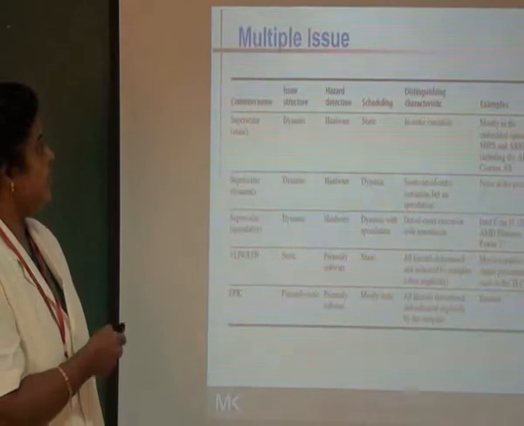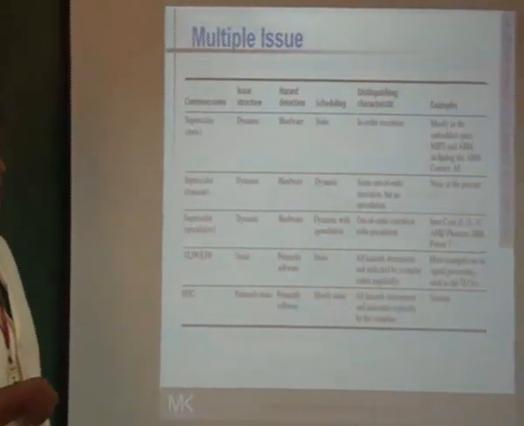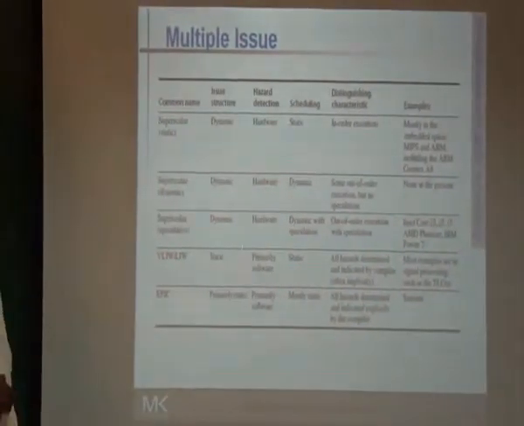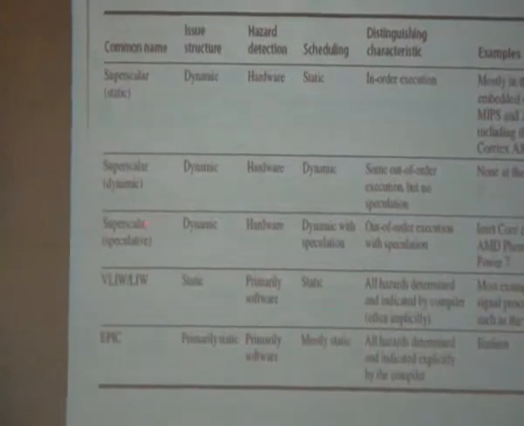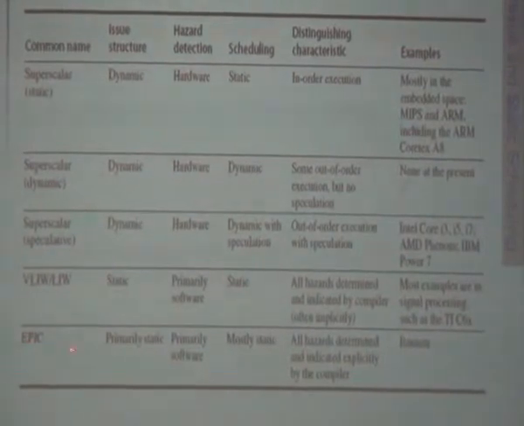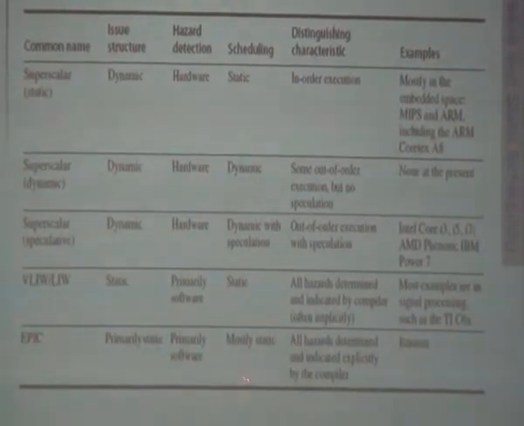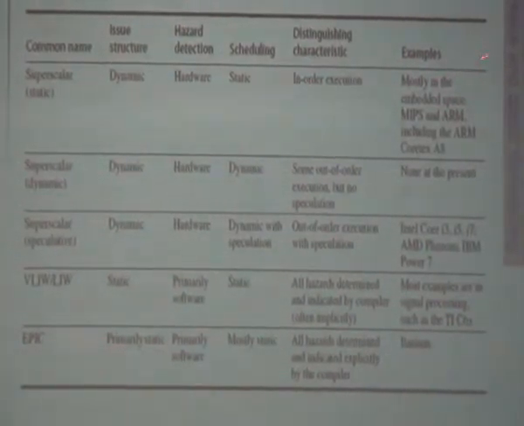So what are the different issues related here? Here we have the common names for the processors: superscalar static, superscalar dynamic, superscalar speculative, very long instruction word, and EPIC, explicitly parallel instruction computing. In all these cases, what are the distinguishing characteristics? Whether we have in-order execution or out-of-order execution.